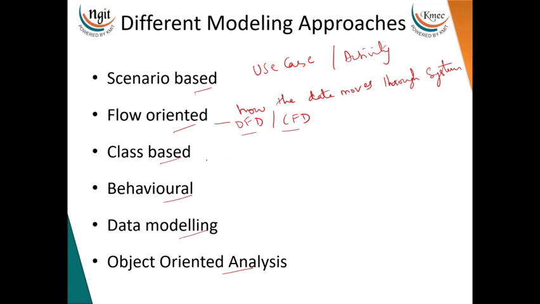Next one is class based. Class based modeling basically focuses on the data structure, and primarily it's useful when we move to design and implementation. The diagrams with which it can be shown are class diagrams, their attributes and operations.